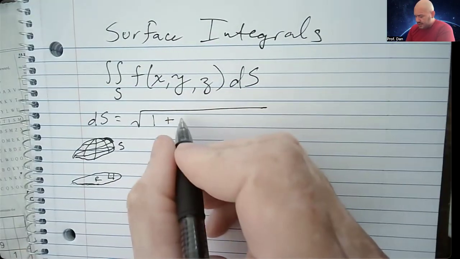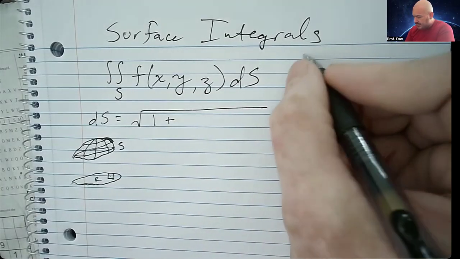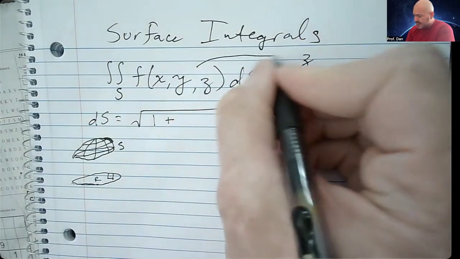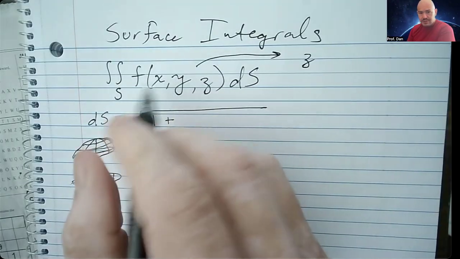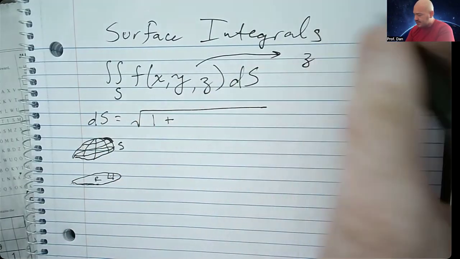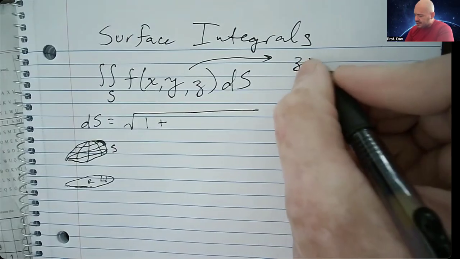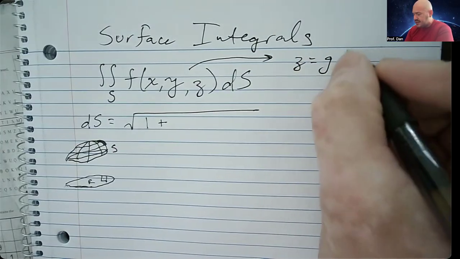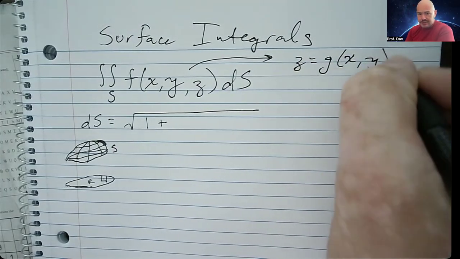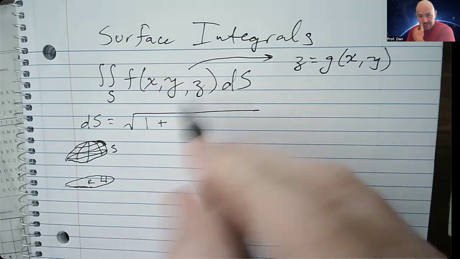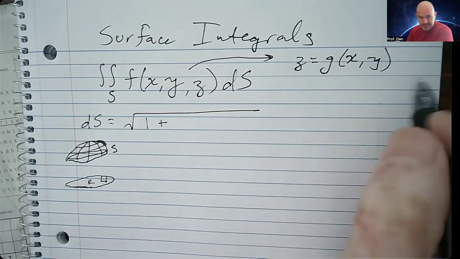In this case, though, we are always going to take the equation that defines the surface, and to evaluate a surface integral, we're going to solve for z in terms of x and y. So basically, we'll rewrite equations to isolate z.